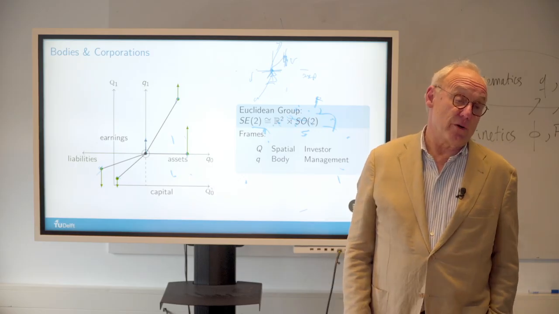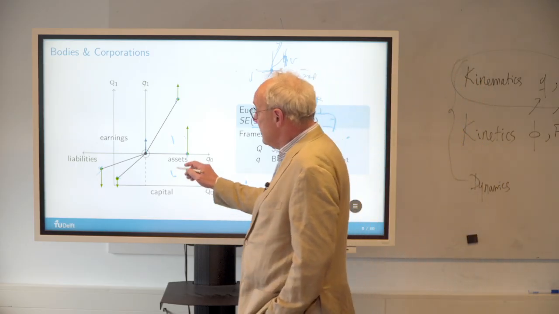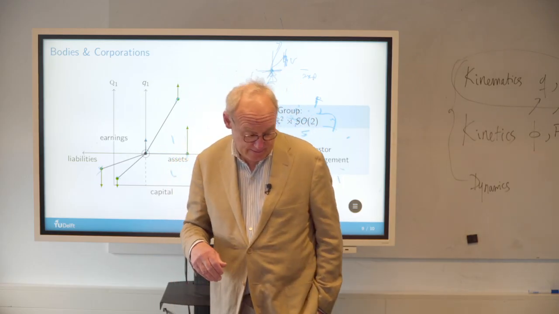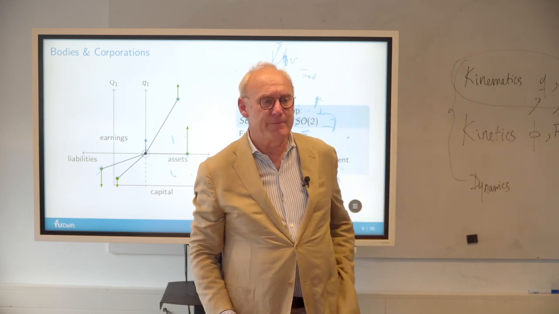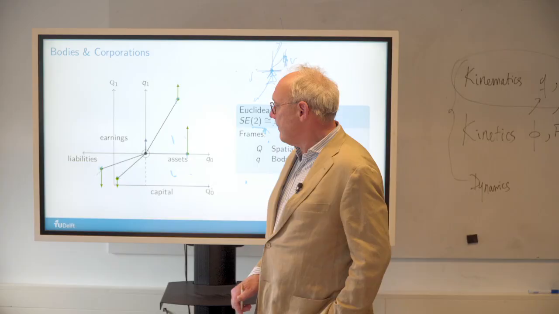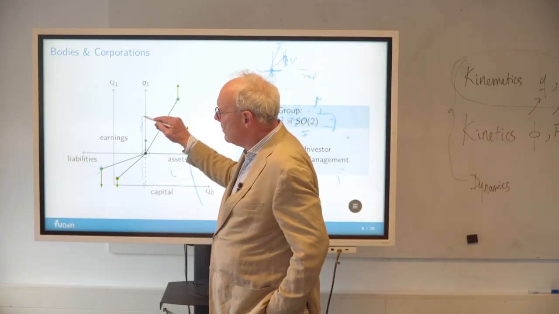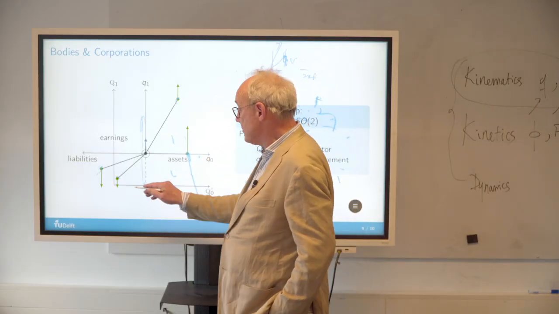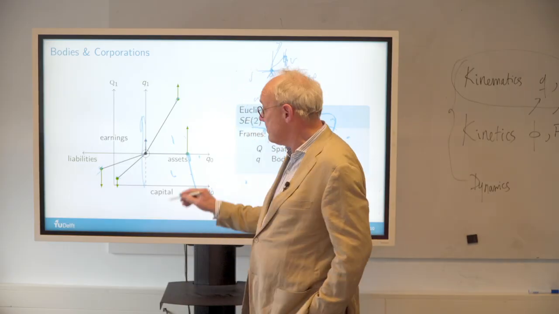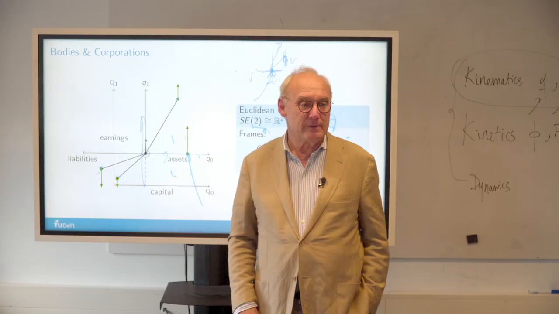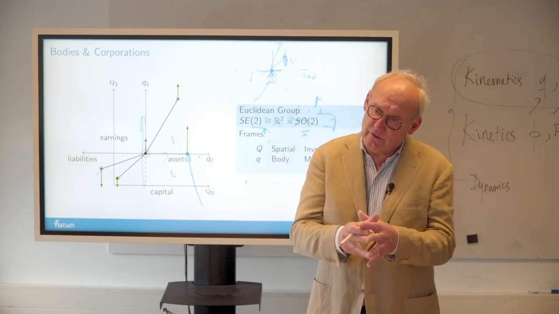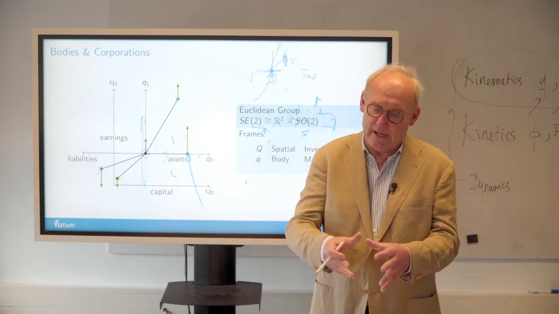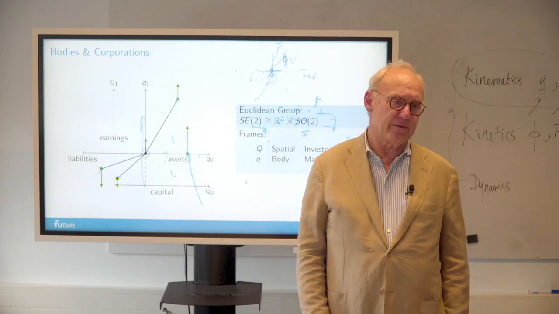Now this is also a group. So I can recognize SO2, well, this funny version of SO2. But there's another group, namely the translation group, that's saying you can move this way. I can also throw some capital in. I did make another capital contribution. I go this way, right? So this is a group that consists of 2 translations and 1 rotation, okay?